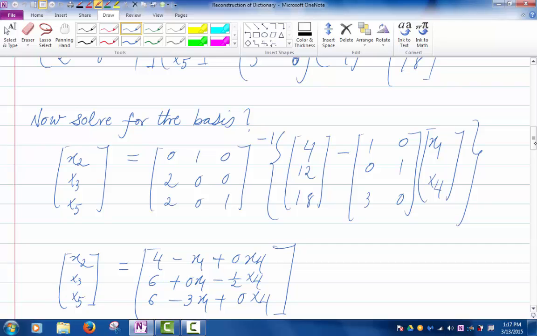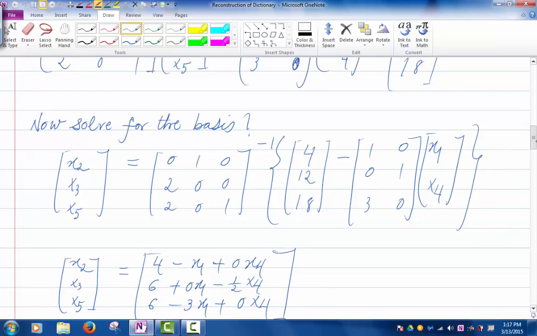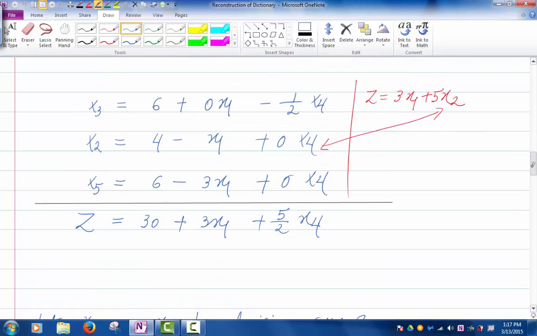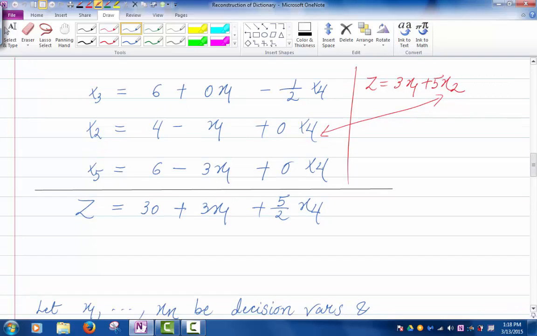I'm not going to say any more than that, but if you go back in your notes, you'll see that this was one of the dictionaries in Simplex when we carried out that problem. Is everybody clear? Any questions on that?